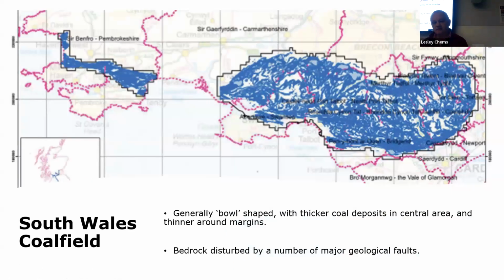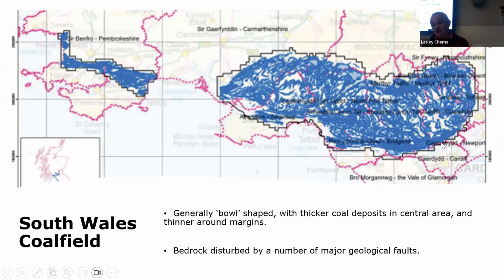So the South Wales coalfield, for the geologically minded, is an elongate syncline. For the non-geologically minded, it's a bowl. Along the northern margins we've got Ammanford over here, Merthyr in the middle, and up towards Blaenavon.